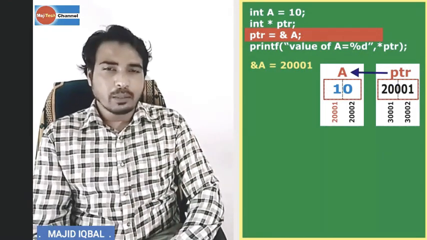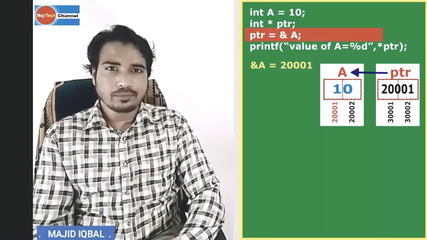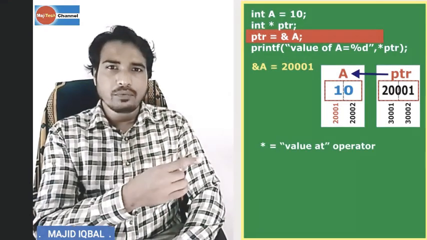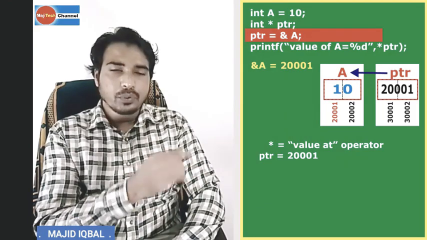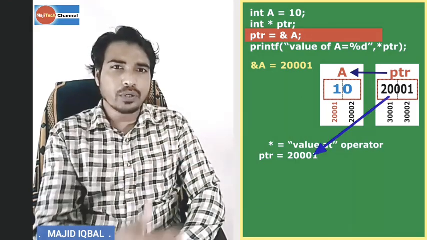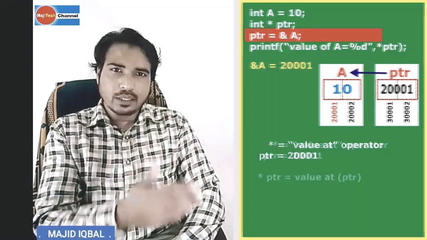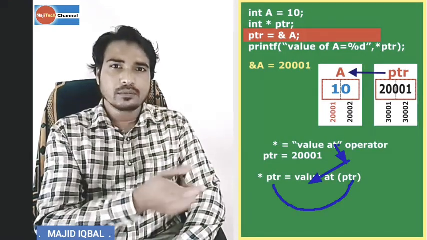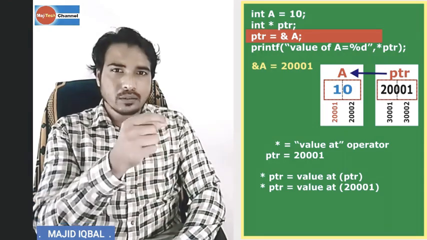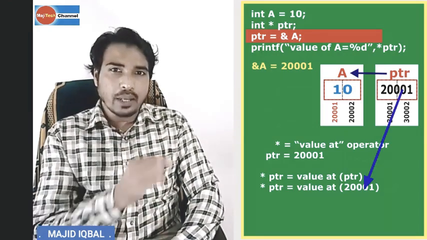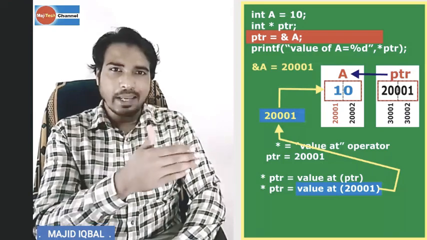Little mathematical calculation. We know that asterisk is equal to value at operator. ptr is equal to 23001. ptr contains 23001. So *ptr is equal to value at ptr. *ptr is equal to value at 23001. Value at 23001 is 10.